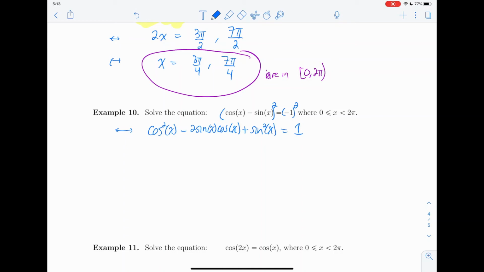What's more interesting is that the squares in question are cosine squared plus sine squared, which you should recognize is equal to 1. That's the Pythagorean identity. So now we get 1 minus 2 sine of x cosine of x is equal to 1. The 1's cancel, and I'm left with negative 2 sine of x cosine of x equals 0.